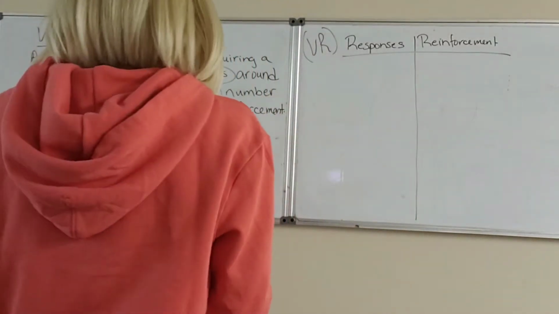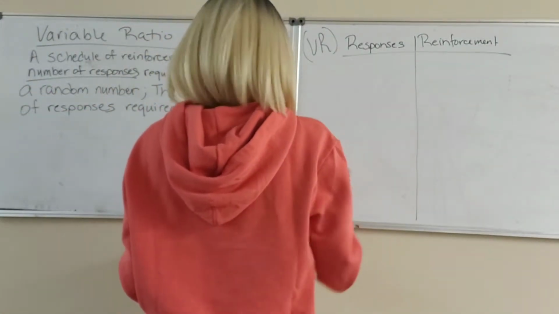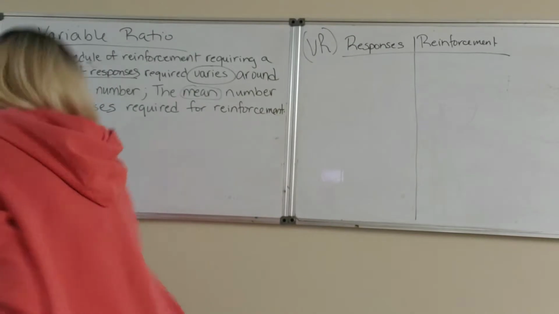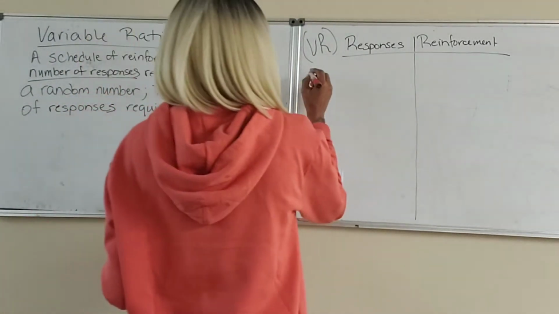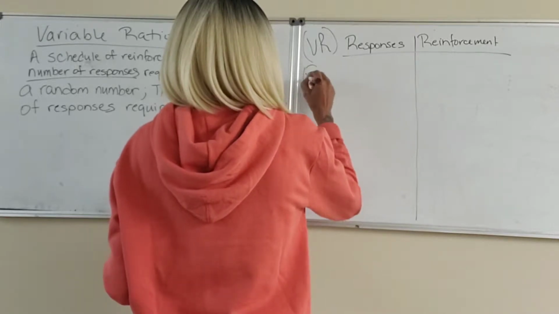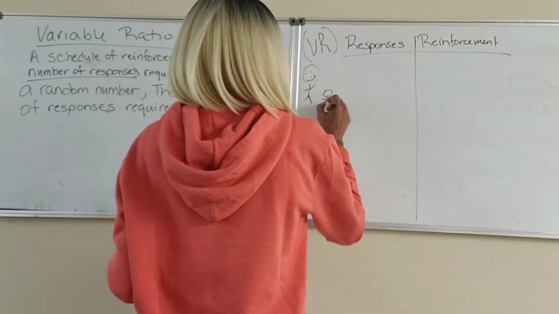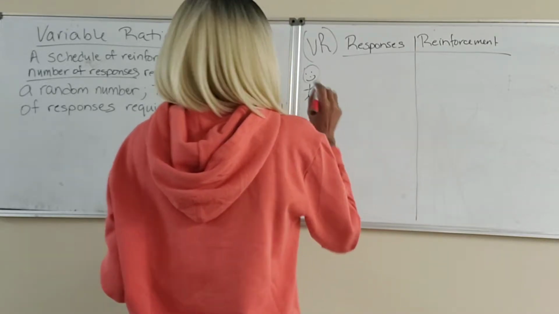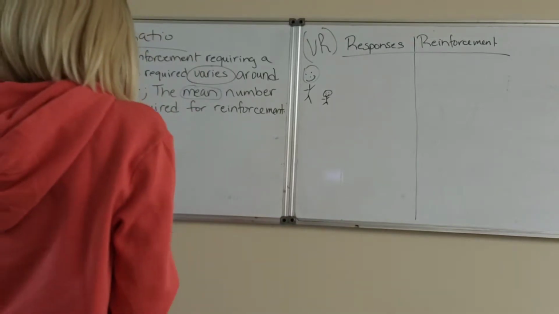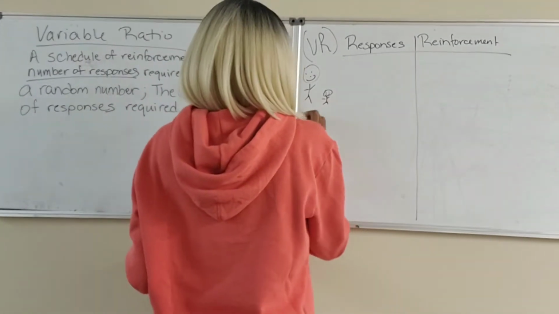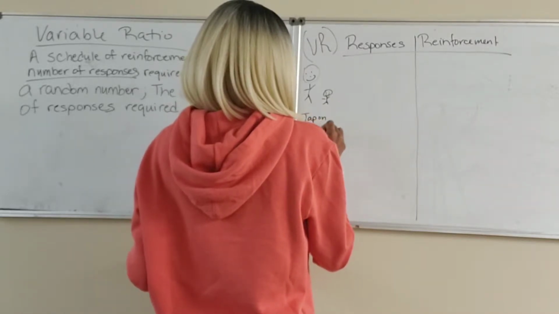So let's say that you have a client. You're working with your client, and they have to do a certain number of responses. All right? So let's say they have to tap on a drum.